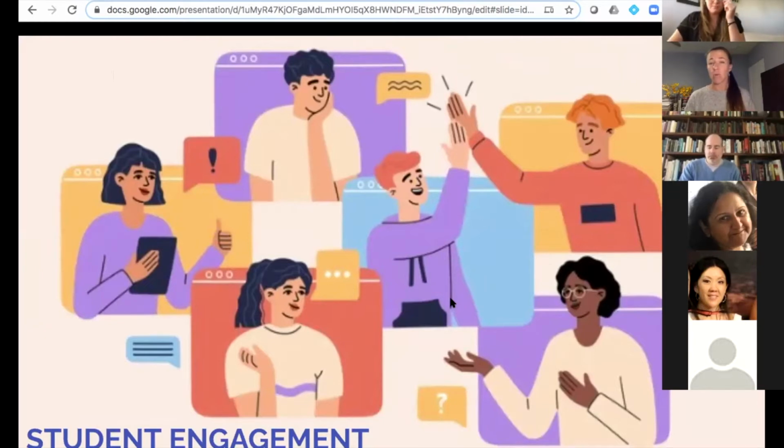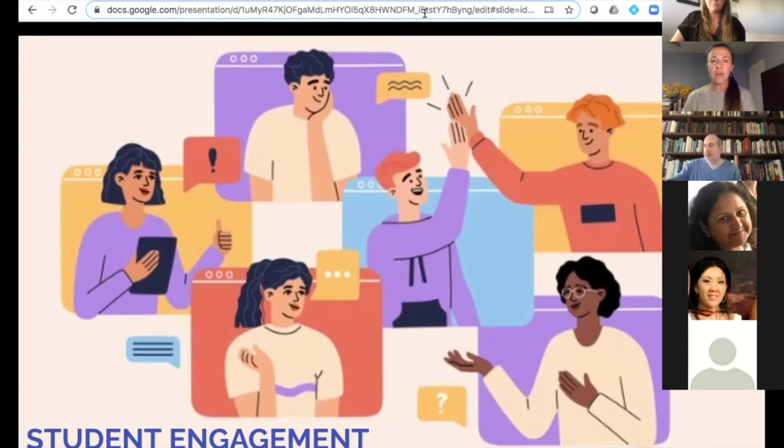What are some roadblocks to maximizing student engagement? And lastly, what can we control? Because I think that's an important thing to remember, that there are going to be things that stifle student engagement, but some of those things are totally out of our control.